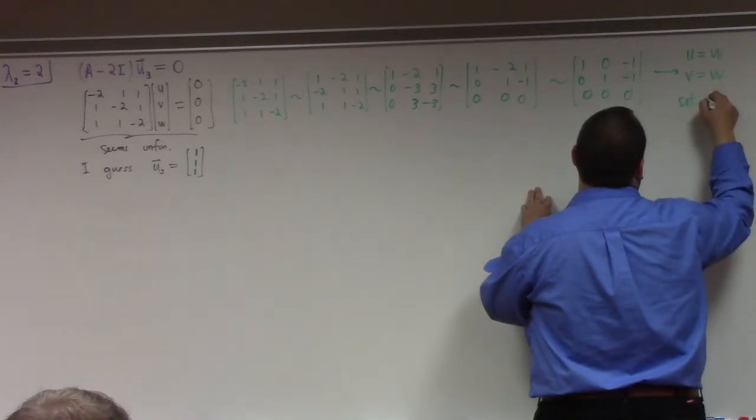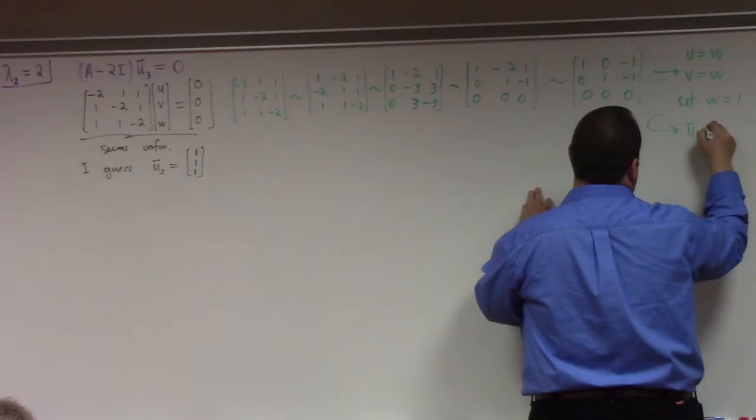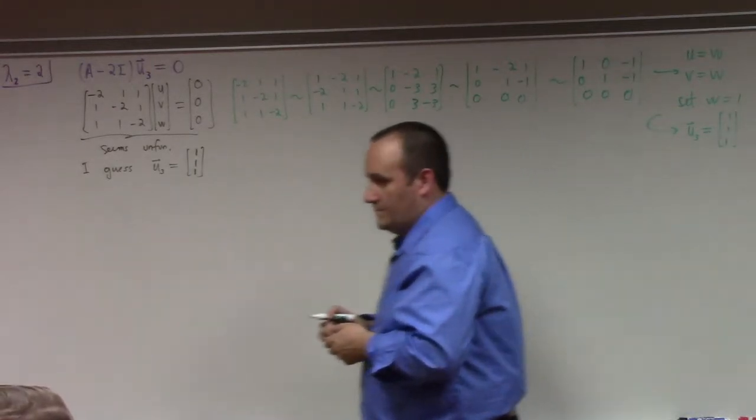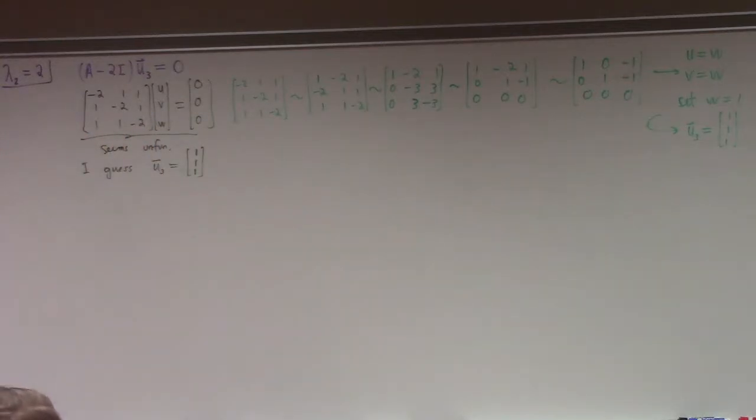So you set w equals 1, and that gives you u3 is 1, 1, 1. Right? But you know, when you can guess and check, it is faster. A lot of these book problems that I'm giving you, you might be able to guess if you get stuck on the algebra.